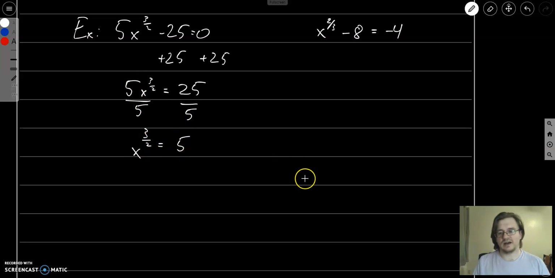And now I get to undo this power by raising both sides to the 2/3 power. Again, when I raise this to the 2/3 power, all of my fractions cancel and I'm left with 1. The question is, do I have to have a plus or minus sign or not?